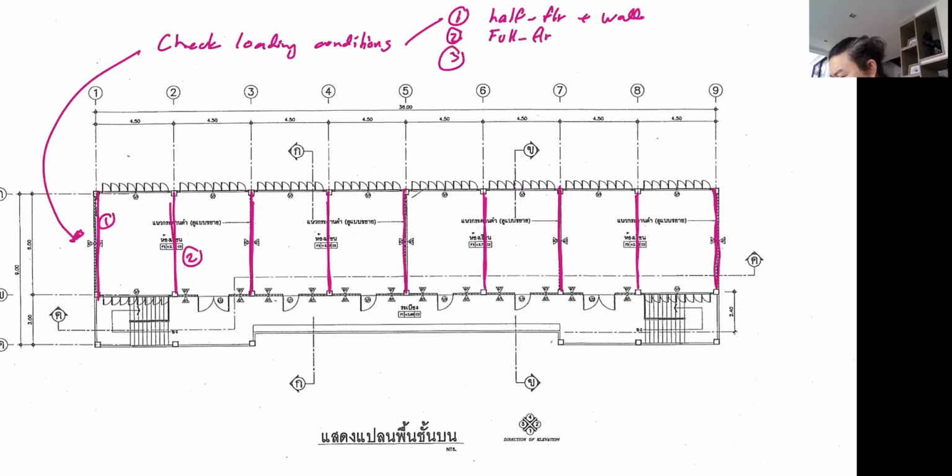And number three here, where you have a full floor plus the wall. Okay, so I am not sure what you're gonna get, but I reckon that you probably need two sizes.